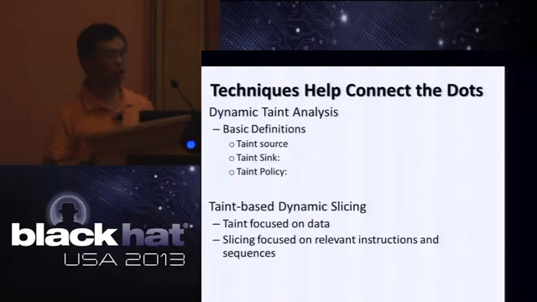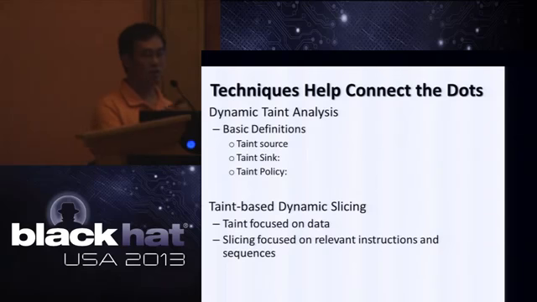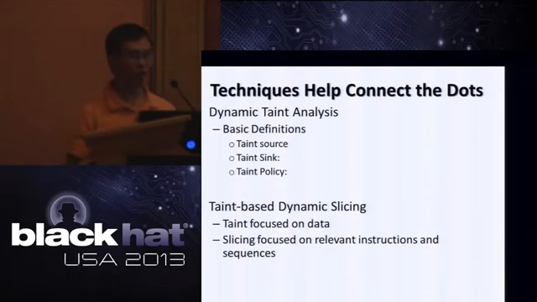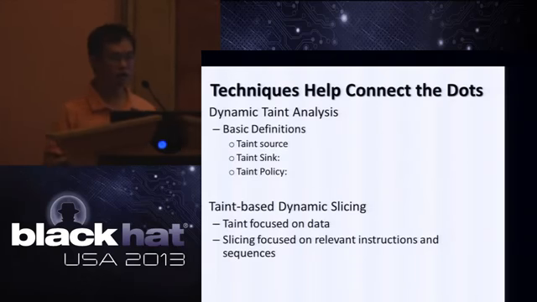If you look the other way, focusing on the instructions that transform your data from your source to the sink, usually out of a total of millions of instructions executed, you may only have a bunch of instructions that directly transform the data you are interested in to the data sink you choose. So that sequence of instructions you connect together, that's the key facts I can focus on. That's the slicing we're talking about here.